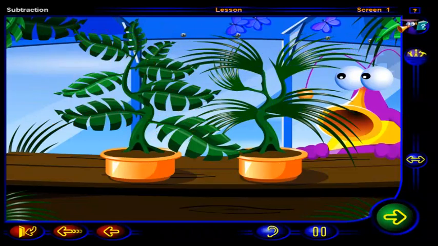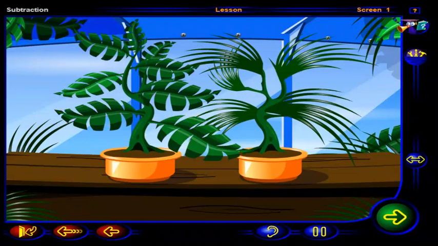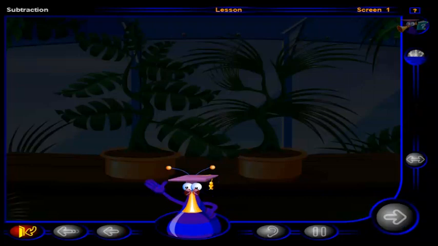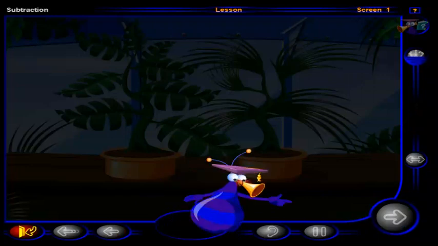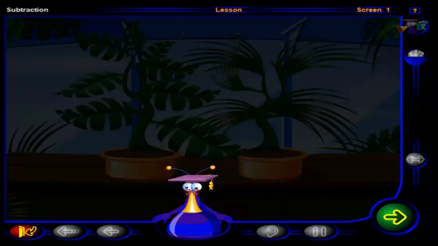They're flying away. Good idea. You'd better fly after them. Well done! You've completed this lesson. Click here to go to the practice area, or click here to return to the menu.